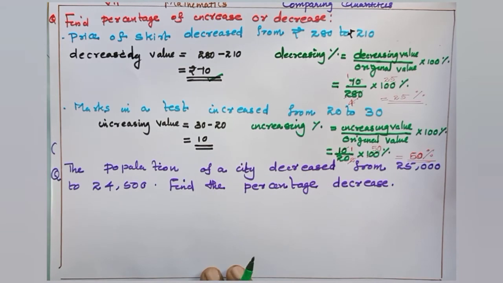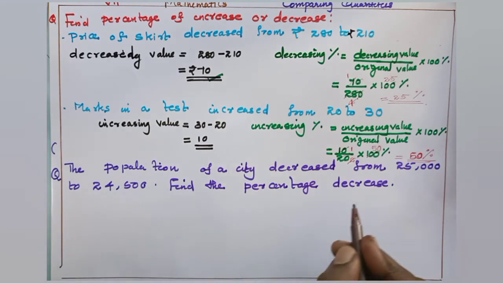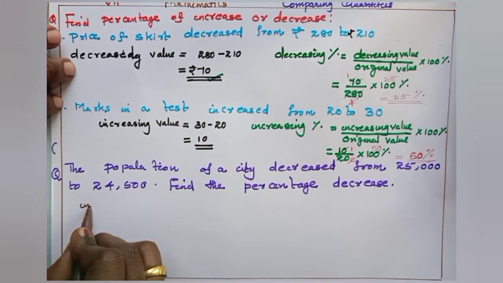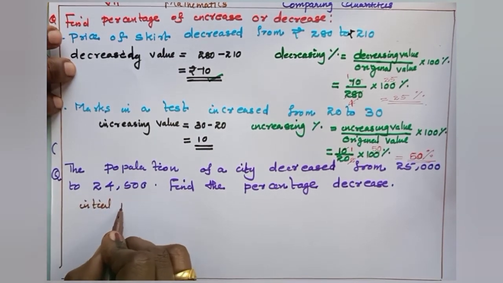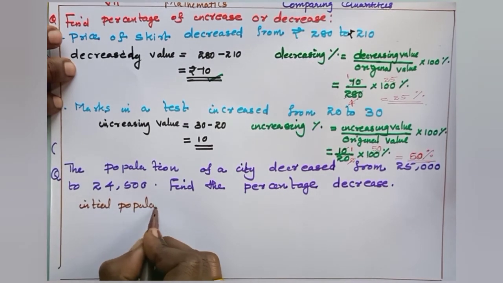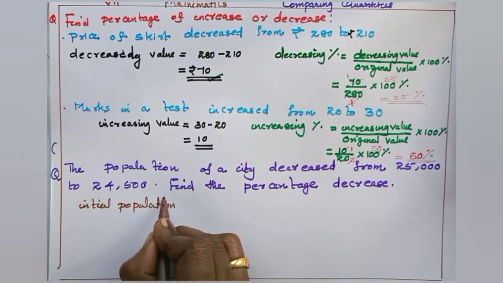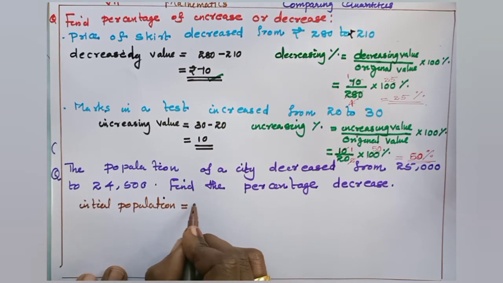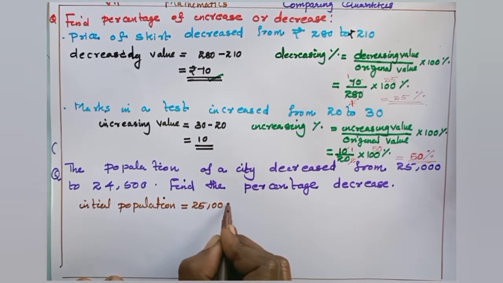The population of a city decreased from 25,000 to 24,500. Find the percentage. So here the initial population is 25,000.